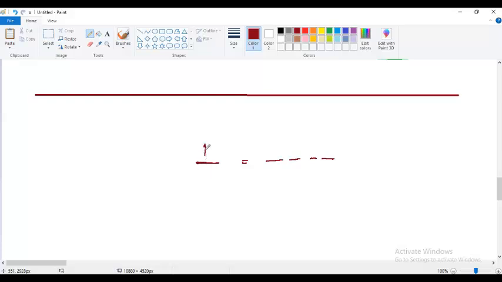To write that F in binary, if I put 1 here, will it be 15? No. I have to put all 1s. Now I'll get 8 plus 4 plus 2 plus 1, 15. So if I write in binary, it is too many digits. If I write in hexa, 4 times smaller it will become. That's why we are writing in hexa.